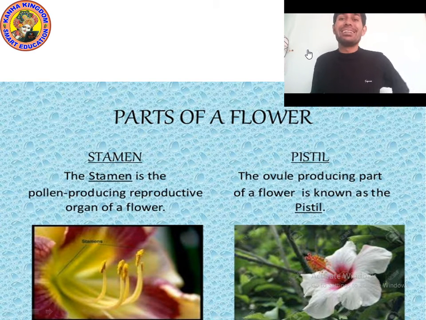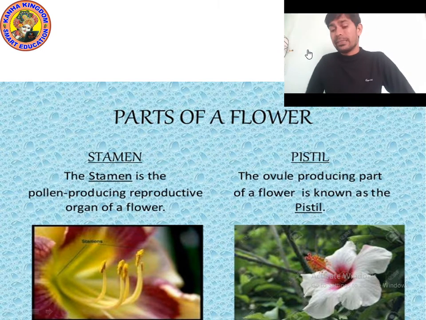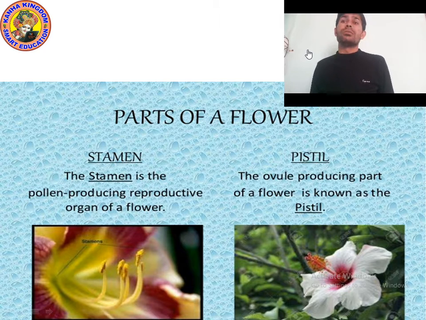Yes, ovule later turns into seed. So pistil is actually the ovule producing part. I hope you understood. It's very easy. Now there are different parts of stamen and different parts of pistil. Let's study about them in detail. Let's move on to the next point.